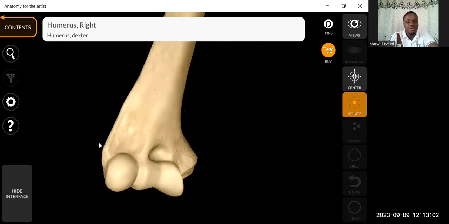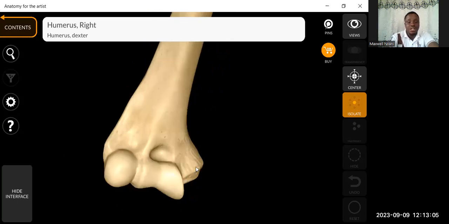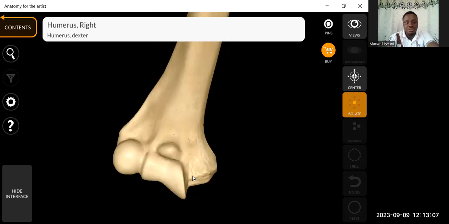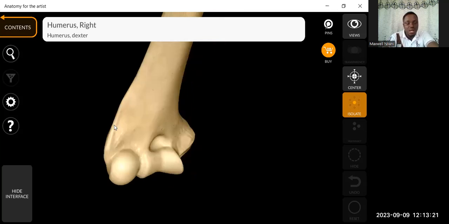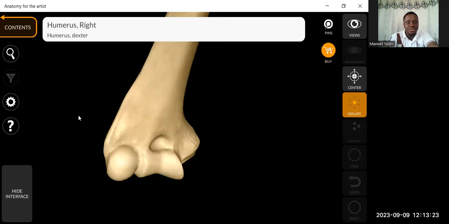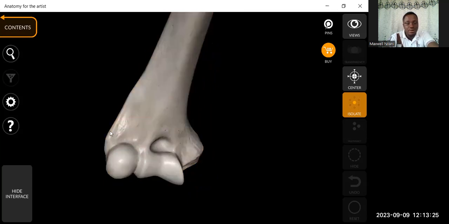Before we go posteriorly, this portion here, I told you, is the medial supracondylar ridge, and then this portion here is your medial epicondyle, while this is your lateral supracondylar ridge, and then here is your lateral epicondyle.